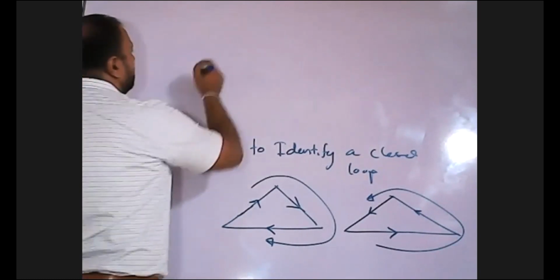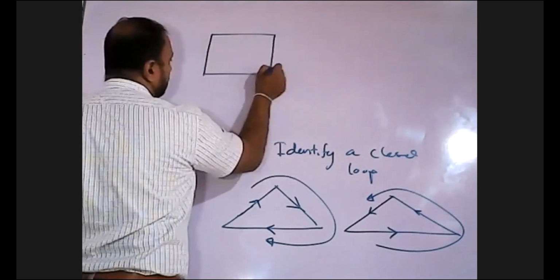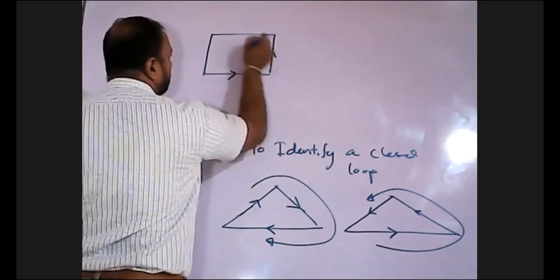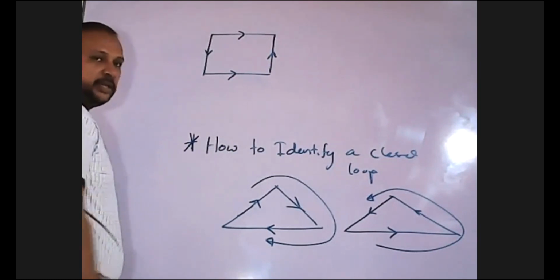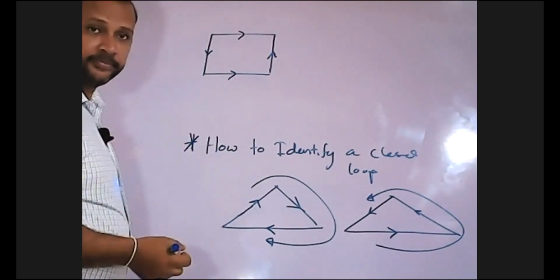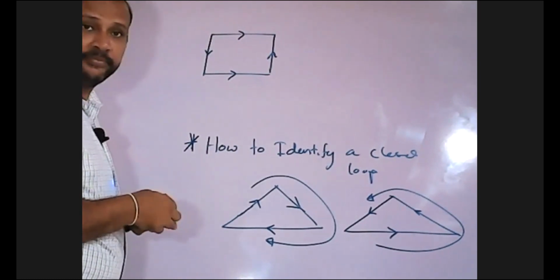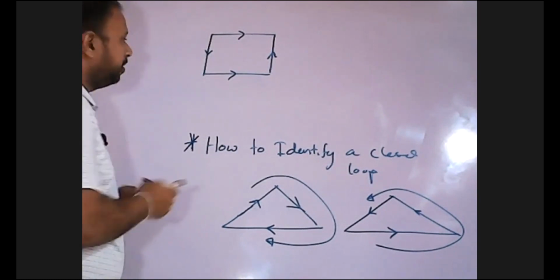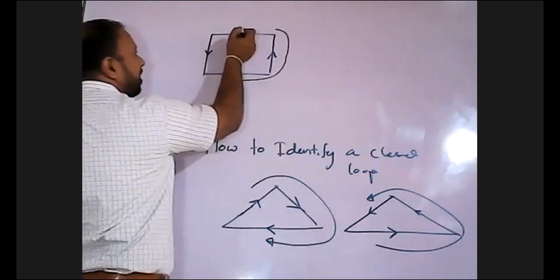Suppose we are given this kind of vector system. Is this a closed loop? No. If you want to go to this, what will happen?